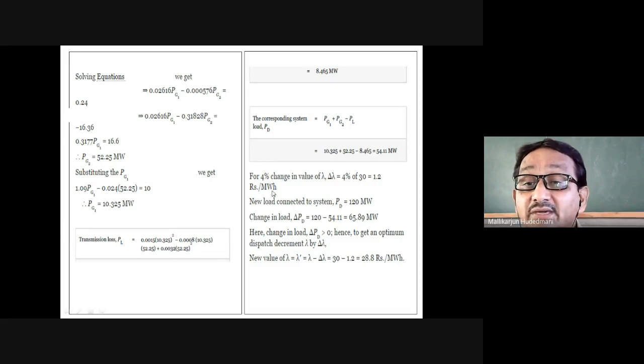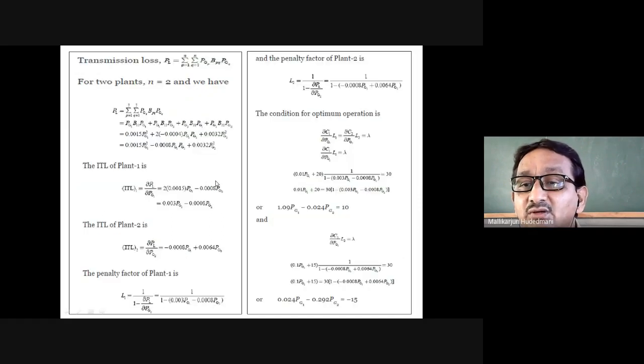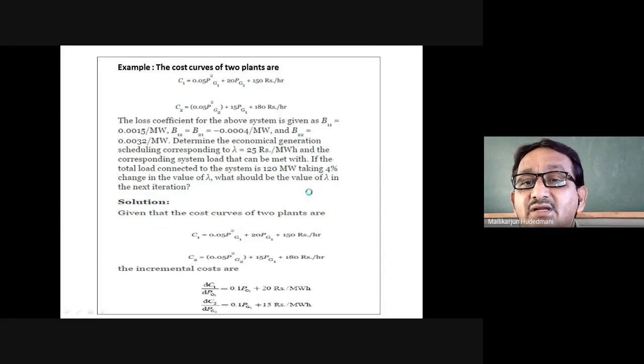Next, what is new is, suppose for a 4% change in the value of lambda, that is delta lambda, an infinitesimally small change in lambda, 4% of 30. Let's see how 30 has come here. Was it 30 or 25? Here 30 is used. Am I right? This dC1 by dP1 into L1 is 30, meaning lambda is 30. What is printed here is 25, so please make a note.